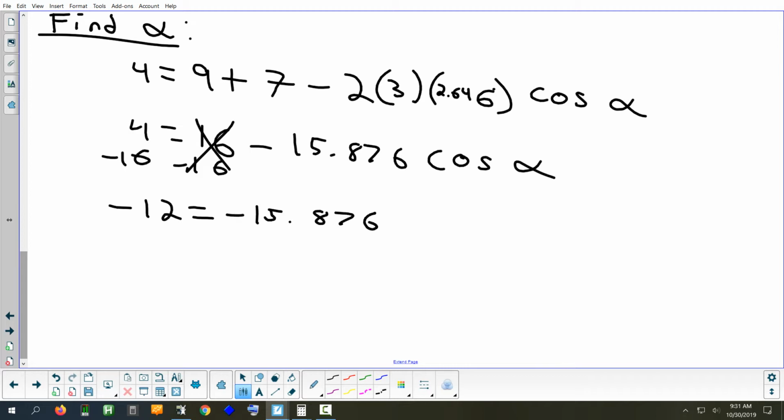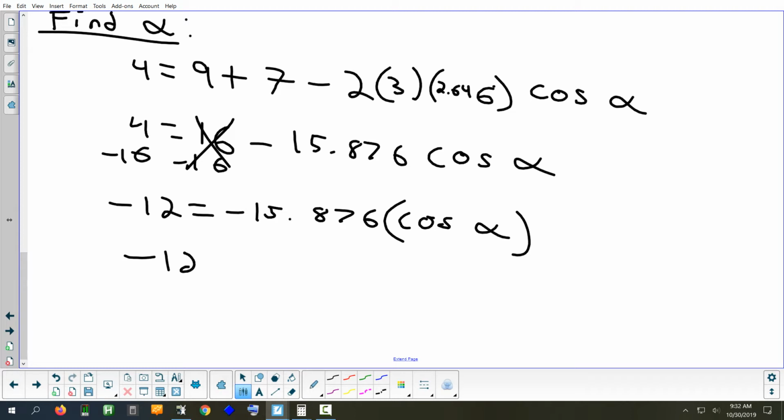Okay, so now there's only two things next to alpha that we don't want. What you have right there is basically like this. You have a number equals a number times something you don't know, times a variable.